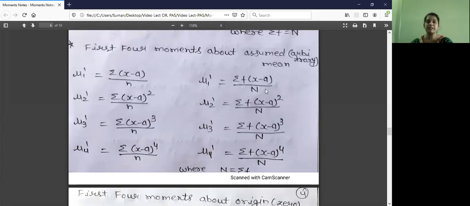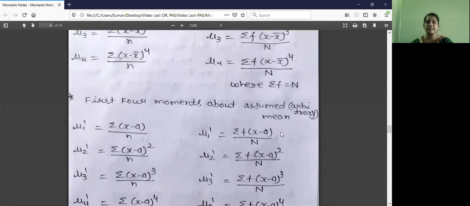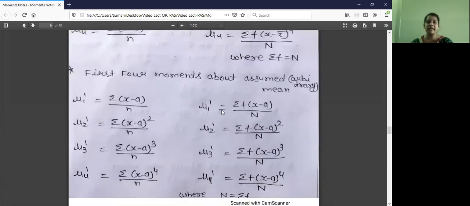Again, if we are given the frequency also, just see here actual mean and assumed mean. So mu1 dash is equal to summation f, we multiply by f, summation f x minus a upon capital N. Why do we write the capital N? Because we are given the frequency in our question.